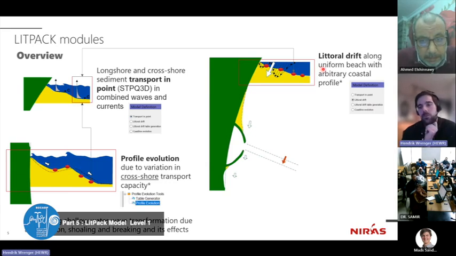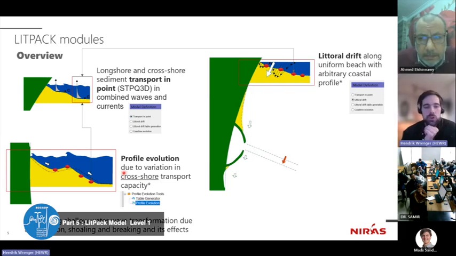All we compute is the potential, and that again is important. We also discussed that before. We compute the potential littoral drift in different conditions. In the littoral drift, we can only compute the potential littoral drift, so we don't look if that sand is actually available.